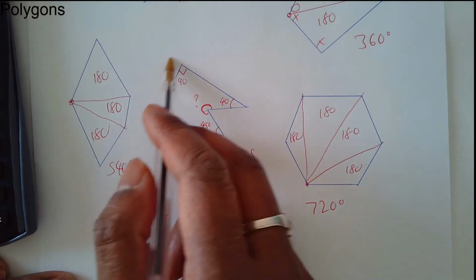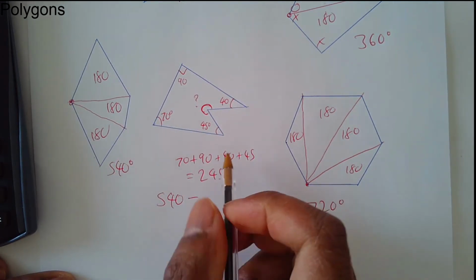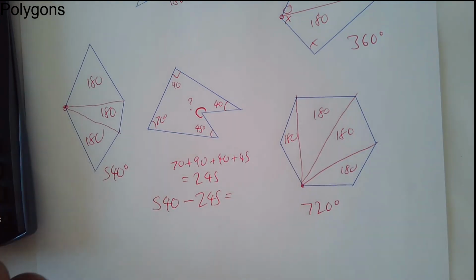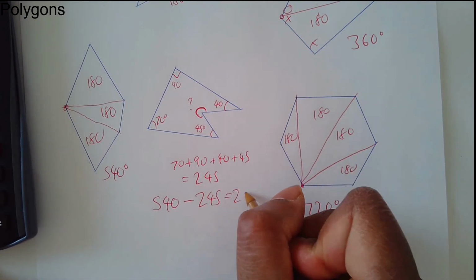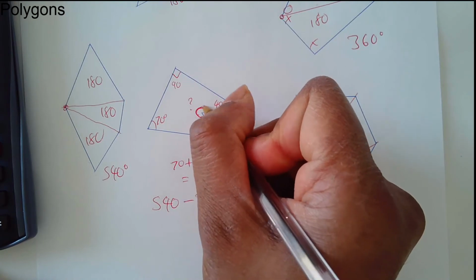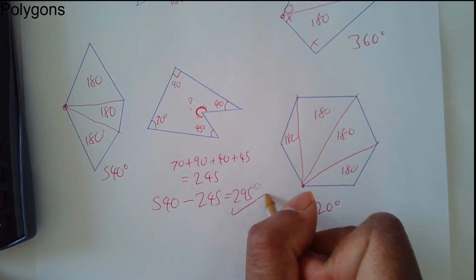Now angles, as I've said, angles in a five-sided shape add up to 540, so just do 540 minus what have we got? So it's quite a big angle, as you'd expect. It's a reflex angle, so that's 295. The missing angle there is 295.